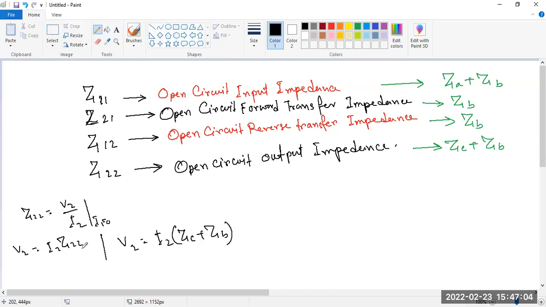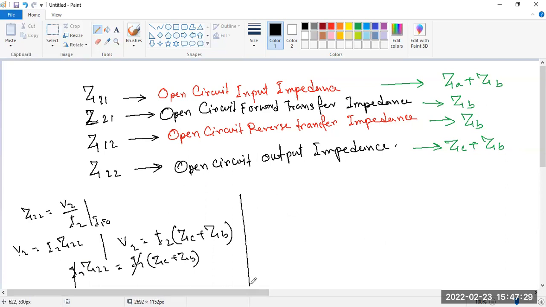So from this case, V2 and V2 are equal. So I2 Z22 is equal to I2 times ZC plus ZB. If we cut this I2, then Z22 is ZC plus ZB.